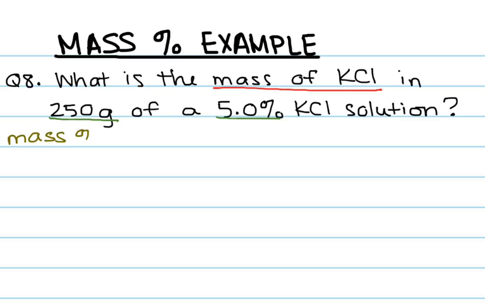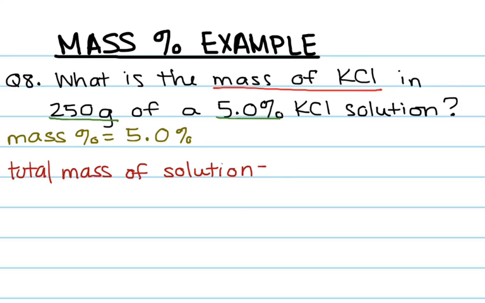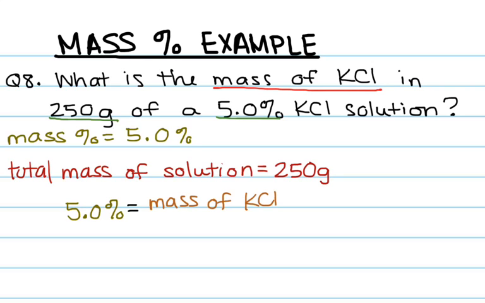So let's fill that into our equation. We have mass percent, we have the total mass of the solution. 5% equals the mass of KCl, which we're looking for, divided by 250 grams times 100. Now, if this were algebra and we're solving for x, our x would be the mass of KCl. So we're going to rearrange this equation.